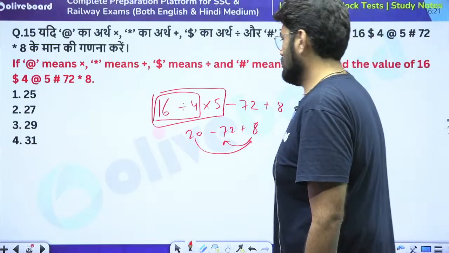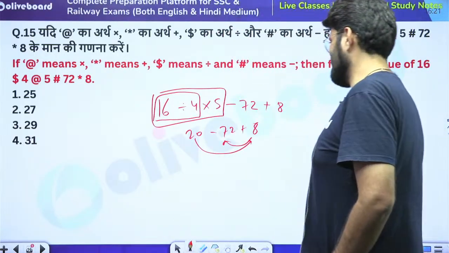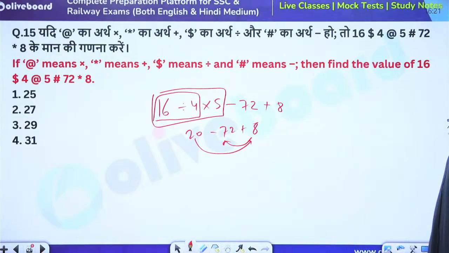44, no. How come? What is this answer? 16 is divided by 4, at the rate means multiply by 5, hash means minus, that is 72, and asterisk means plus 8. 16 dollar 4 at the rate 5 hash 72 star 8.